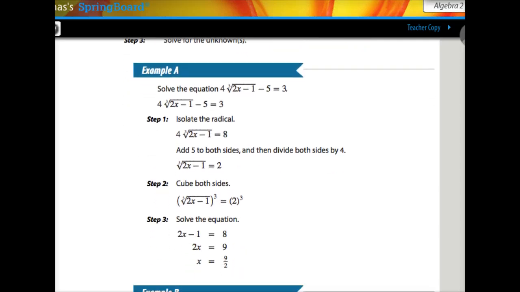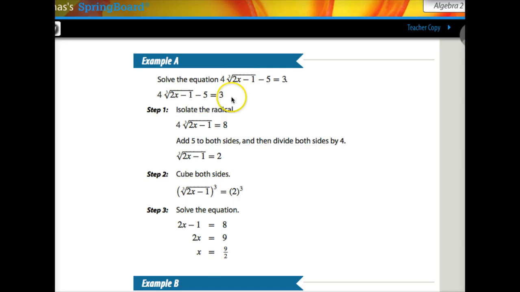So example A here, they have a written out example there on page 397. You can see first thing they did was get the radical term, which is this cube root of 2x minus 1 by itself. So they added 5. Then they divided by 4, so they got this, cube root of 2x minus 1 equals 2. So then they did step 2, they cubed both sides.